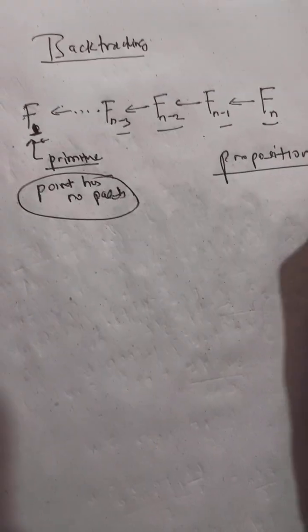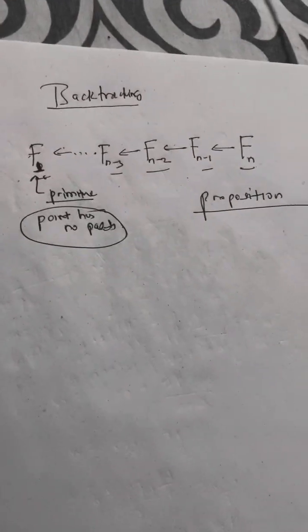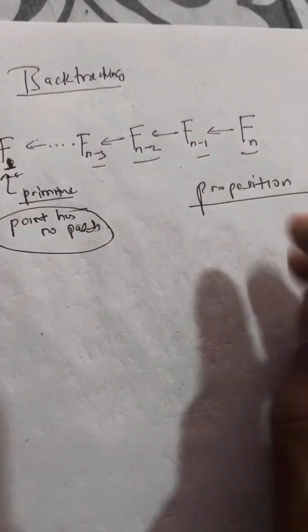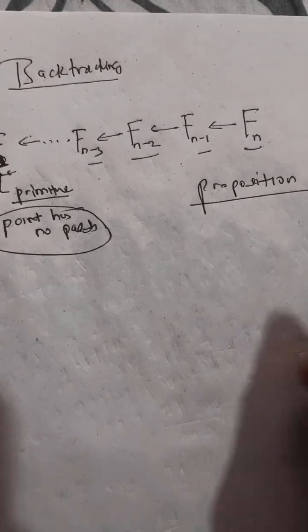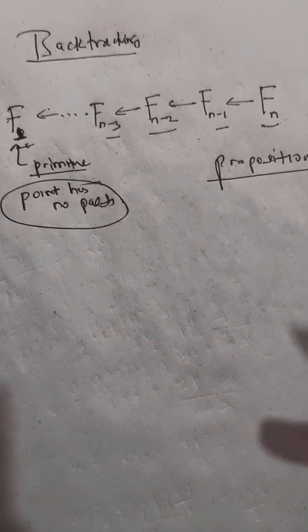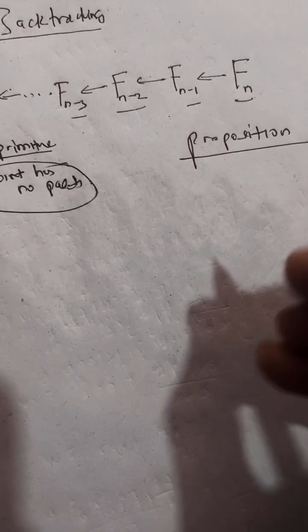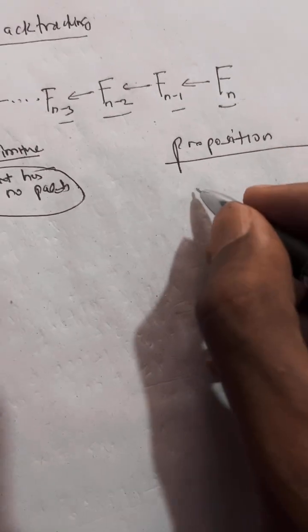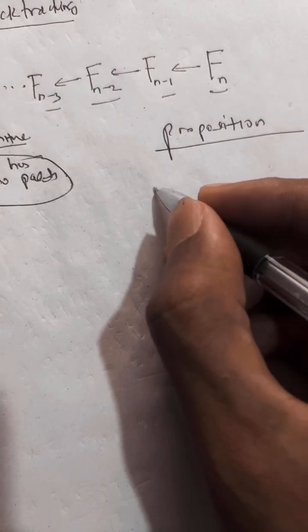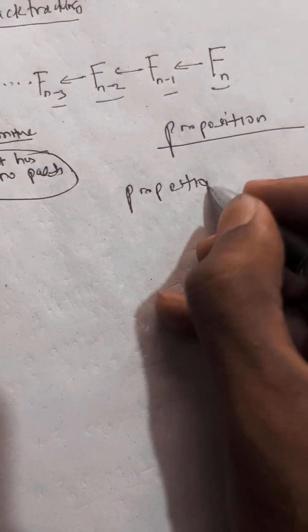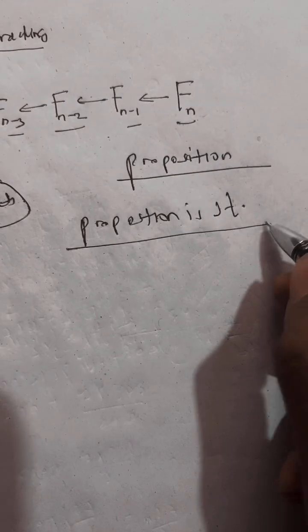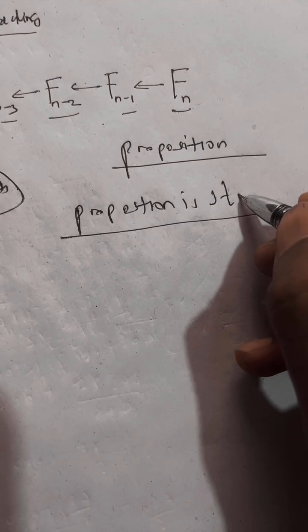You can call it a proposition because now we are trying to define backtracking, and to make it formal, we need to understand what a proposition is, because we are going to use theoretical language a little bit. So what is a proposition? A proposition is a statement, and there is one more requirement, that this statement should have a truth value.